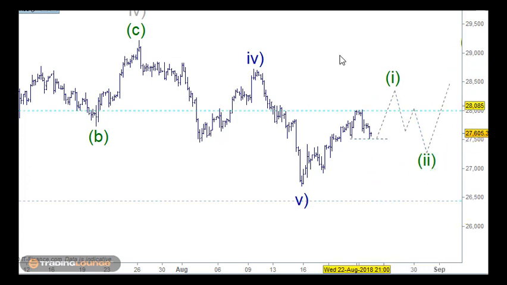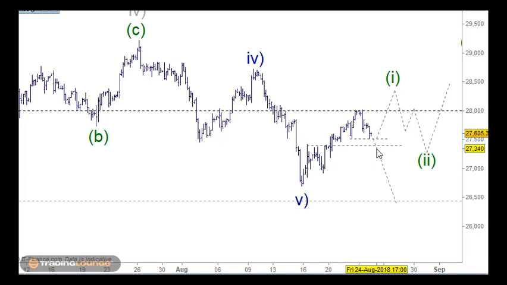But we don't know that yet, because this could also just fail from here and move down. But really, we wouldn't want to short until we get overlapping wave structures. So this high here, that's the high of wave 1 here, or wave A. So if the market moved down through that, then we'd have overlapping wave structures.